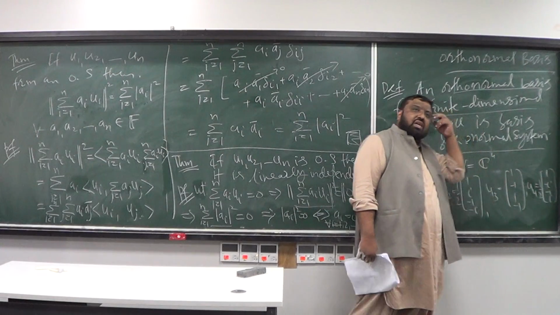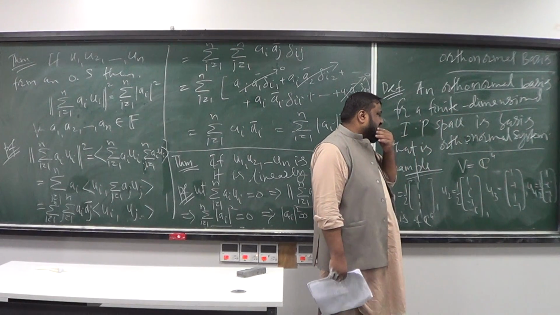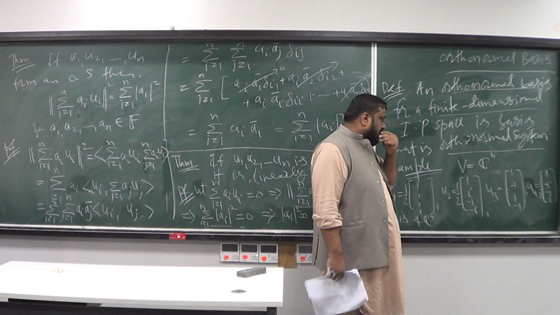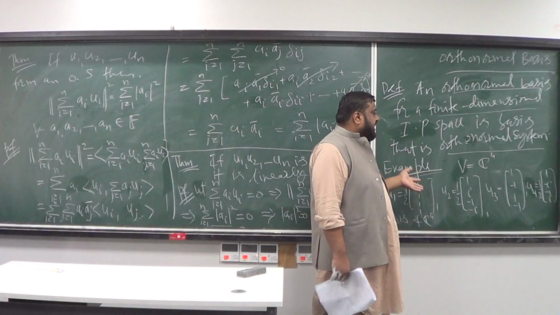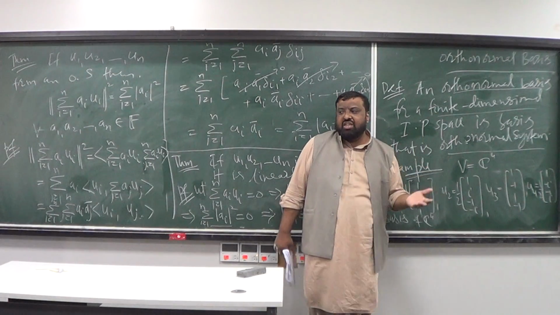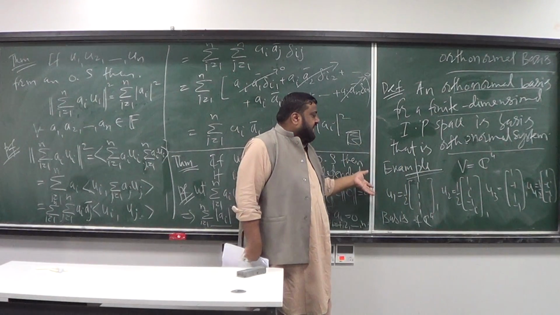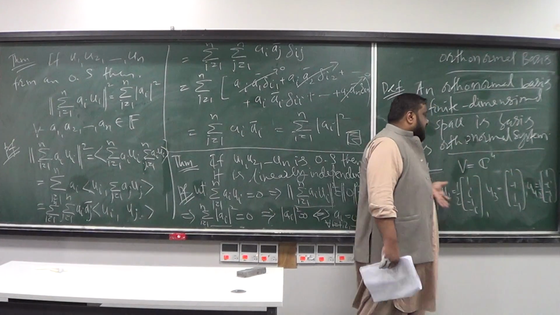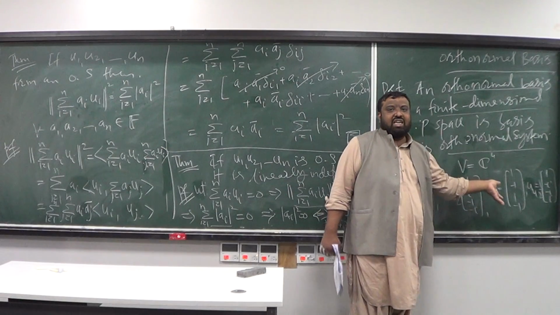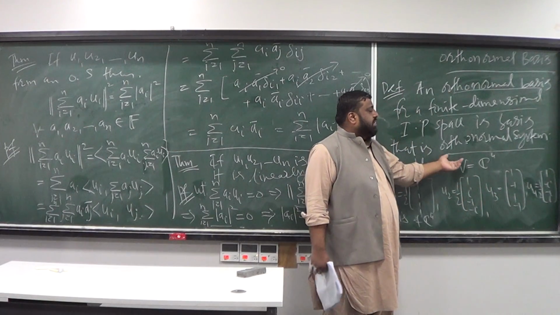Since C4 is a 4-dimensional vector space, you know from your first linear algebra course that any 4 linearly independent vectors would form a basis for C4.